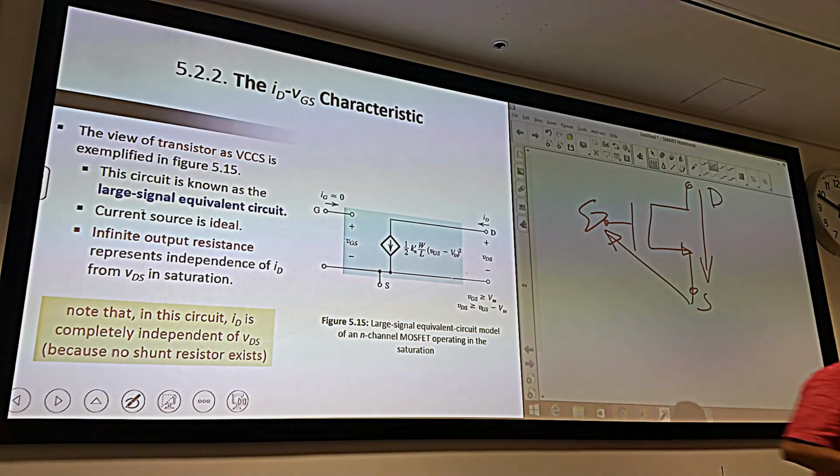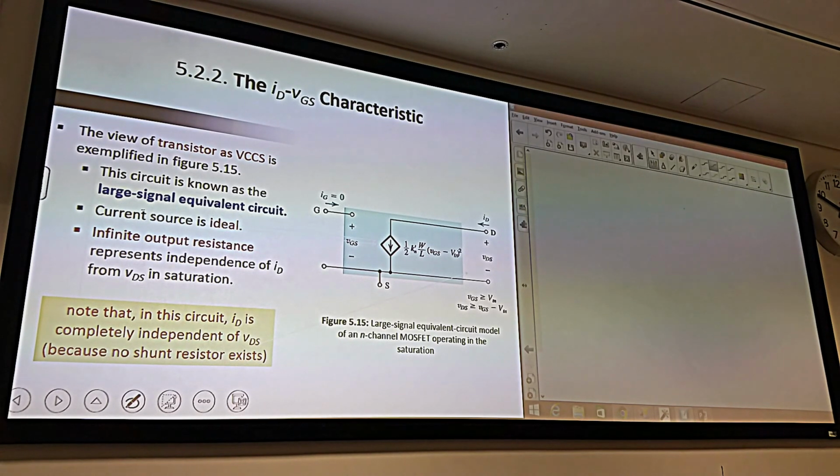If I draw now, follow me, maybe this will help better. If I have here a voltage, let's call it VDS, any voltage, and between this terminal, of course, this will be drain and this will be source.